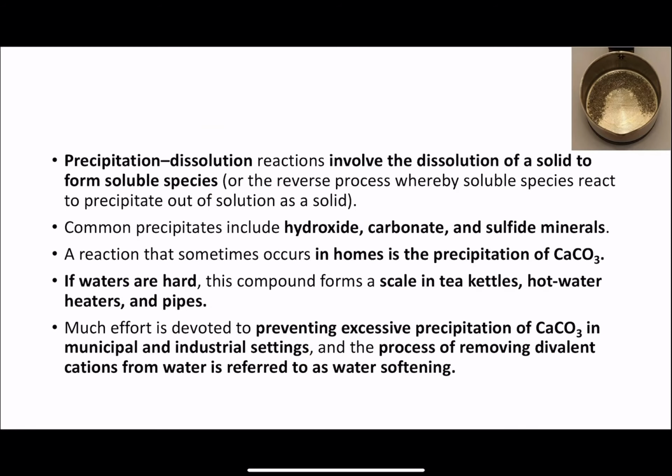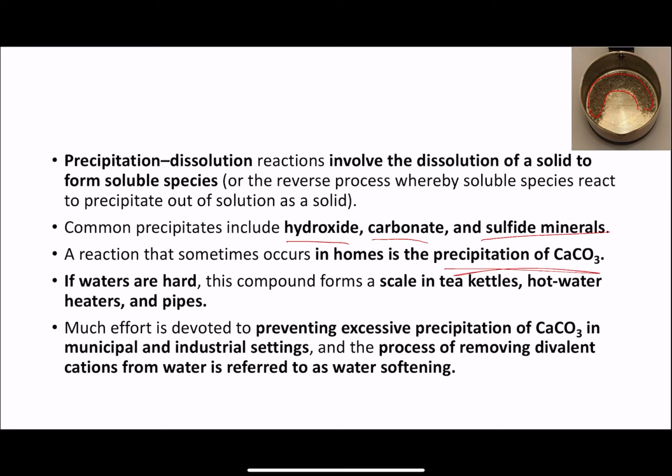Okay? So precipitation dissolution reaction involves a dissolution of solids to form soluble species. Of course, common precipitates, you can see it, and that's happening a lot, include hydroxide, carbonate, and sulfide minerals. And also a reaction that sometimes occurs in homes is precipitation of calcium carbonate.